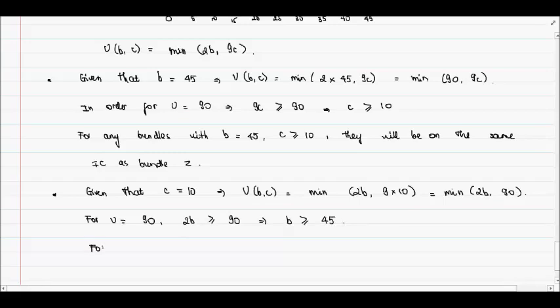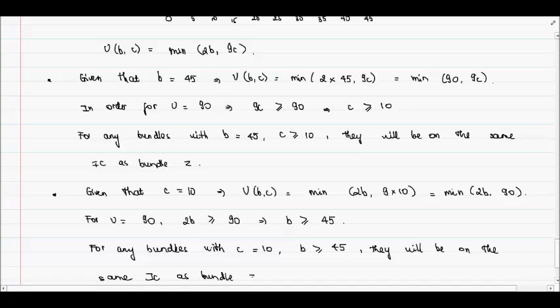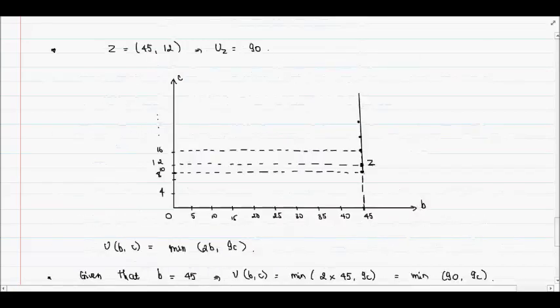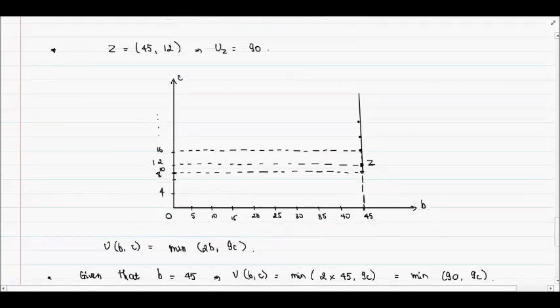So we know that for any bundle with C equal to 10, B has to be at least 45 to be on the same indifferent curve as bundle Z. In terms of the diagram, C equal to 10 is here, and anything to the right of B equal to 45 is going to be on the same indifferent curve.